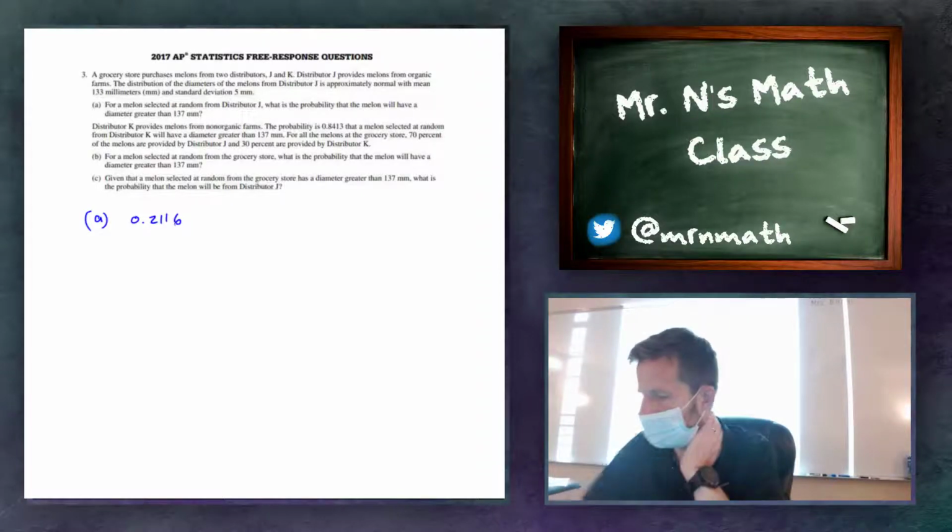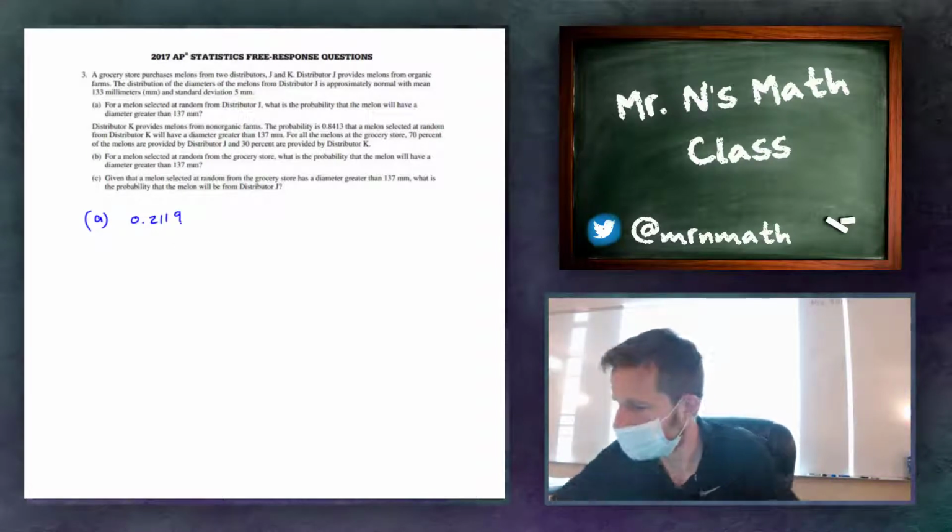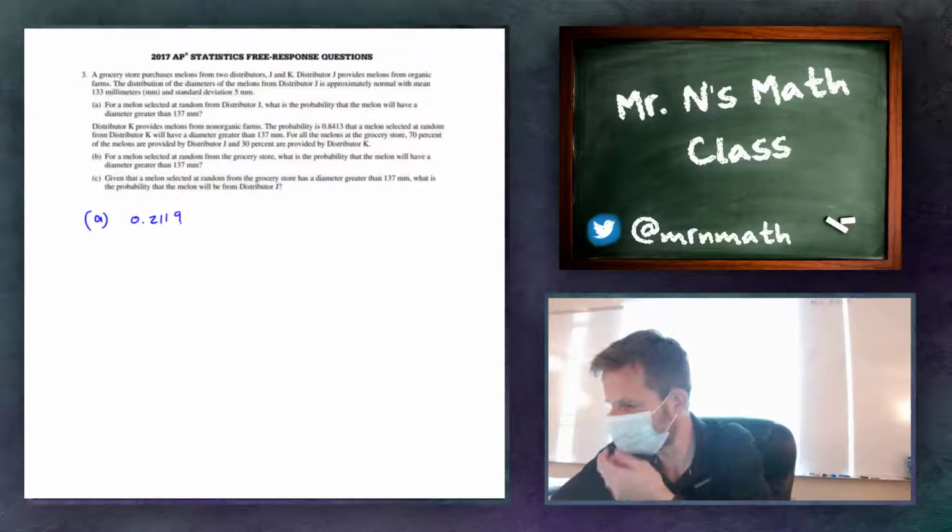Distributor K, wait, yes, no? Okay. 0.2119. Thank you. Distributor K provides melons from non-organic farms. The probability is 0.8413 that a melon selected at random from distributor K will have a diameter greater than 137.